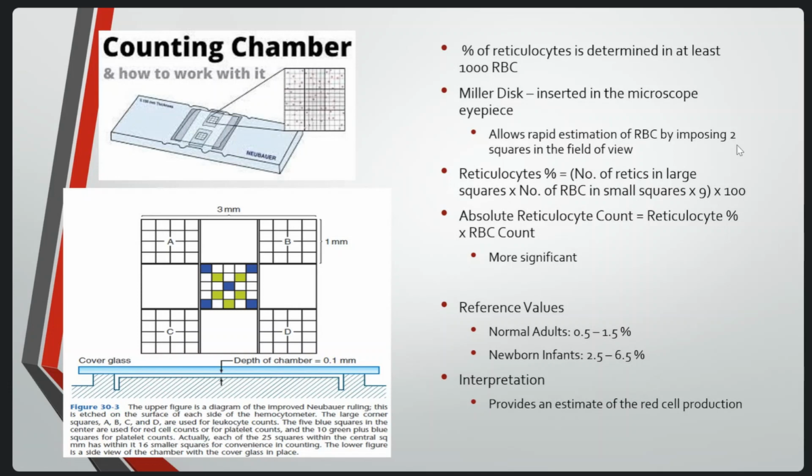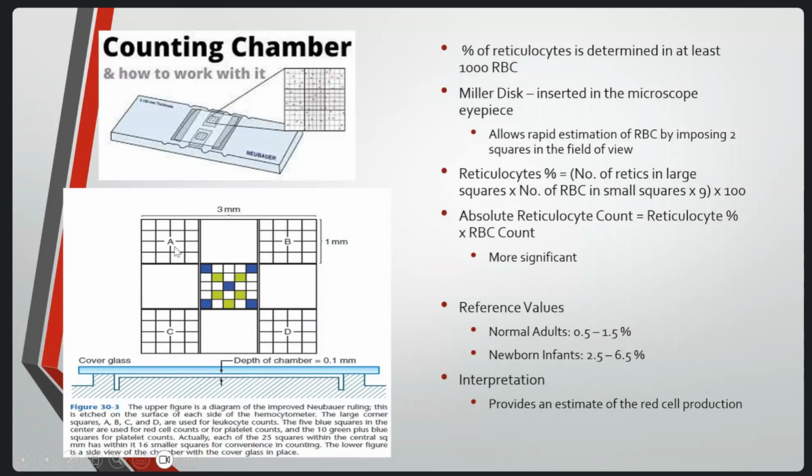Okay. So this is a counting chamber, now the Neubauer counting chamber. As I've mentioned, either you use the Unipet or the RBC pipette, dilute the blood with the diluting fluid, and then you charge it in here. Under the microscope, this is what you will see, and you will count the number of cells, depending on what you are counting.